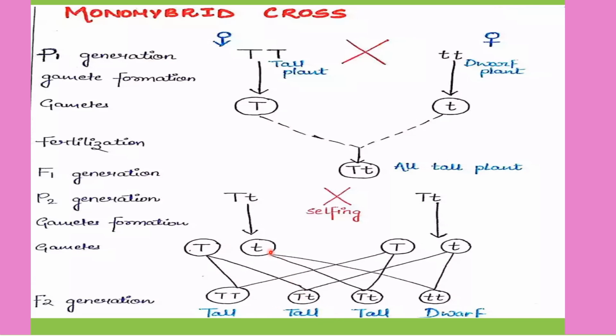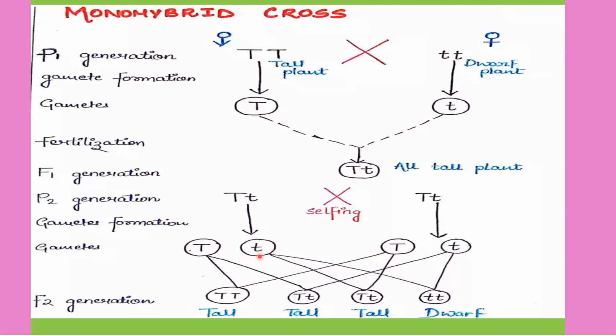Then small letter t from the first parent crossed with capital T of another parent, then the progenies will be heterozygous tall. Then small letter t of one parent crossed with small letter t of another parent, then we will get a dwarf plant.